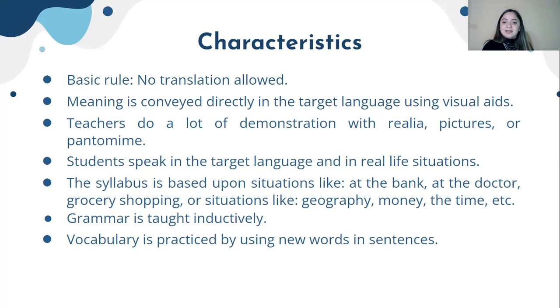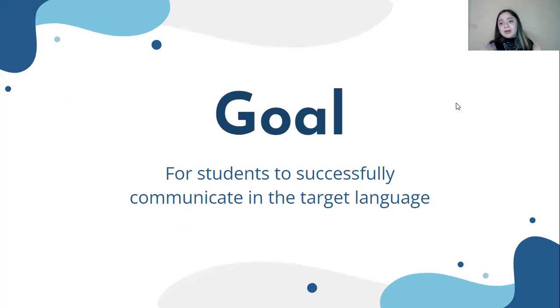Very good. So let's go to our next point, which is, what is the goal of the direct method? And it's very easy and very simple. The goal is for students to successfully communicate in the target language. So, if you want your students to communicate, in this case in English, you have to make the activities engaging so they can communicate.